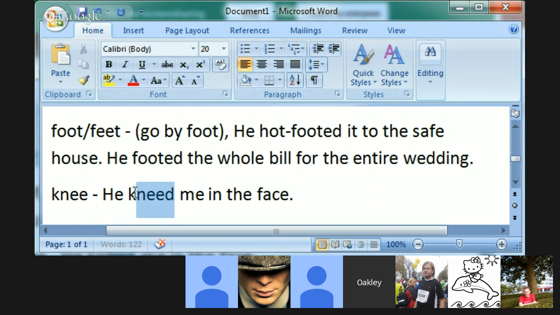And although it looks weird, here it is. The verb is to knee, but of course it's usually going to be past tense to talk about this action. You strike someone with your knee. Is it common to use knee as a verb?